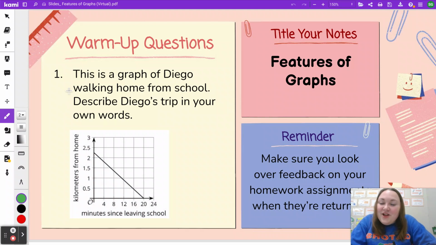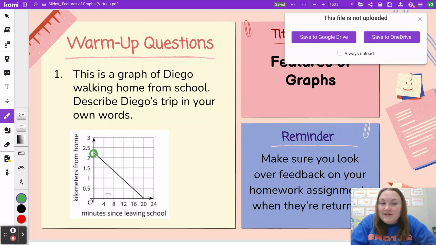Okay. The warm-up question is asking you to describe Diego's trip walking home from school in your own words. When you are describing a graph, some of the things you might mention are some of the numbers you can see from that graph. So for example, in the past, I've had some students mention how far away he is when he starts.